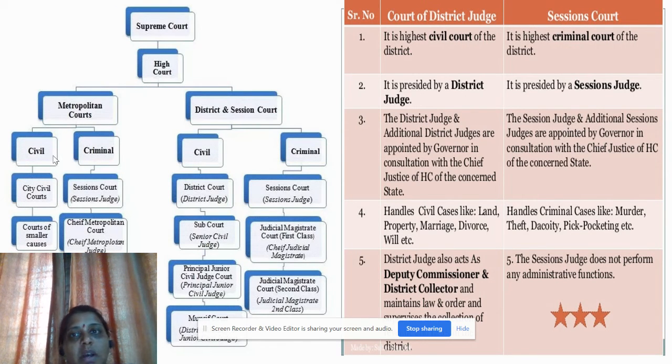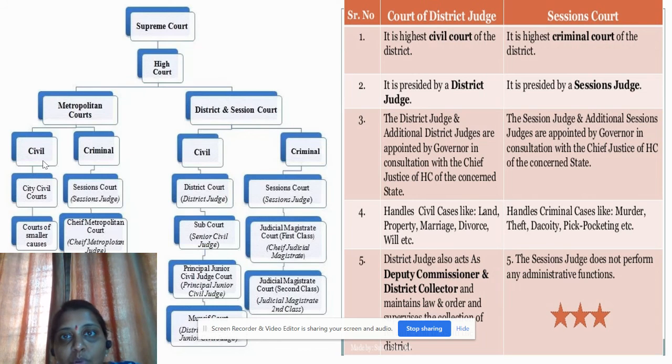I just want to give you the difference between civil and criminal. Civil is where there are any disputes upon land and property. Criminal court is where there is any theft, robbery, or any murder done by any person; all these come under the criminal court.